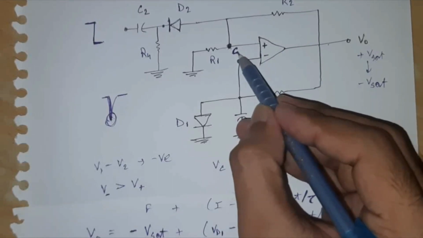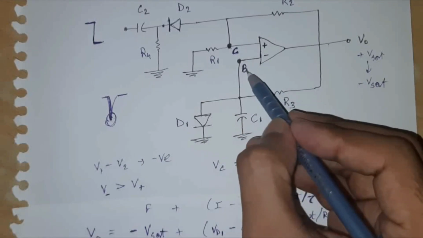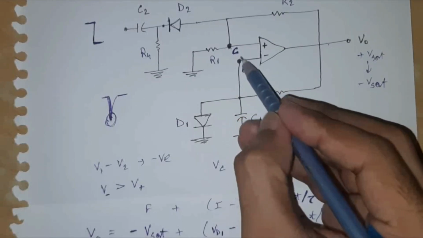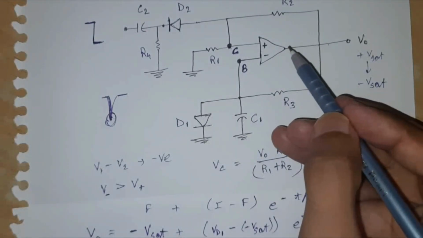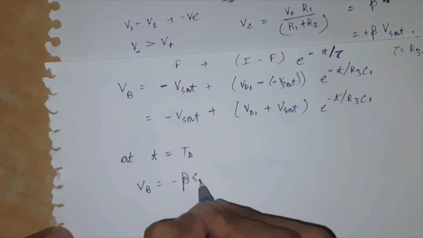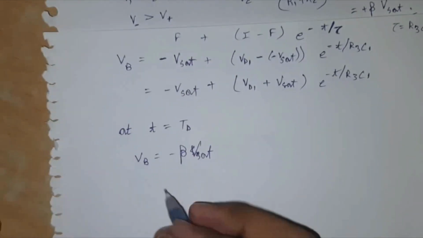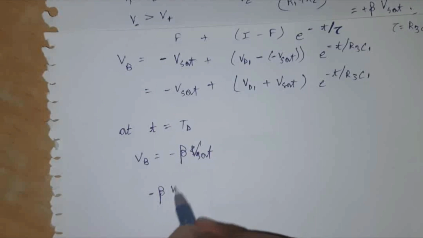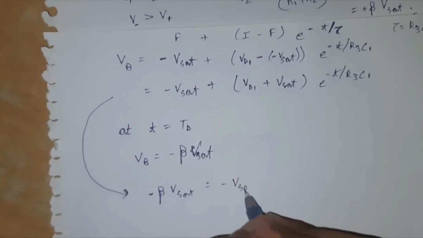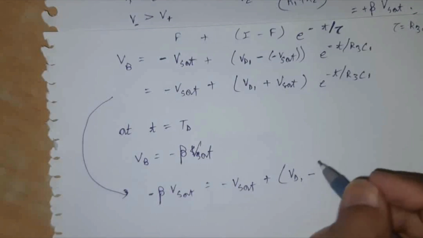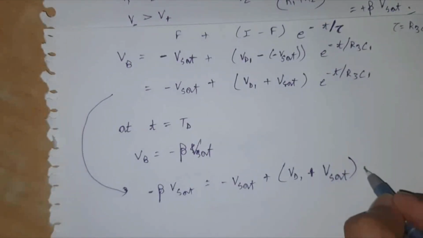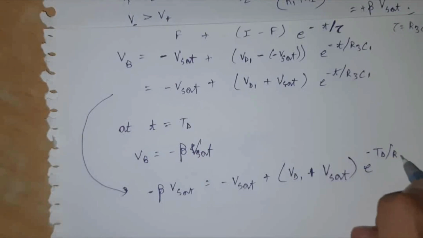So whenever the potential of point B goes below minus beta VSAT, the non-inverting terminal will be at a higher potential. So putting the value VB equal to minus beta V sat, this equation will be minus beta V sat equals minus V sat plus VD1 plus V sat, e to the power minus TD by R3C1.